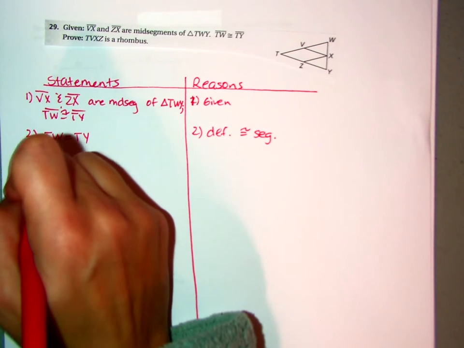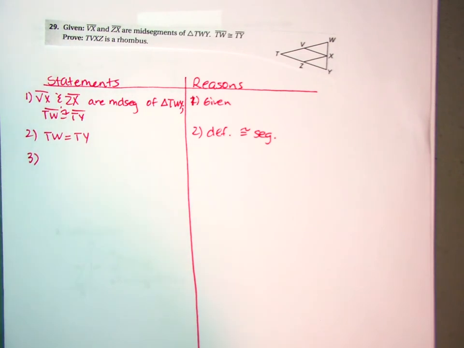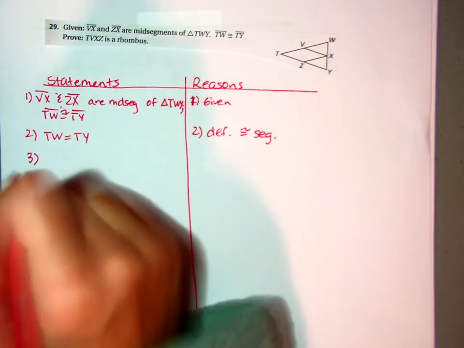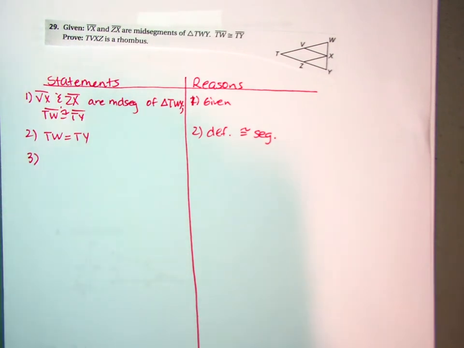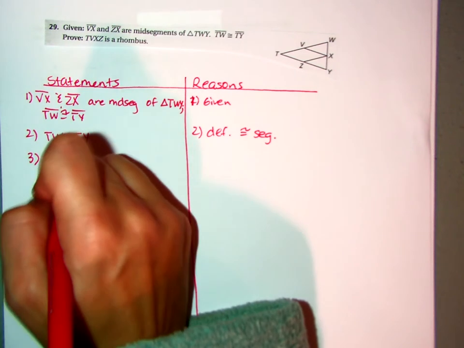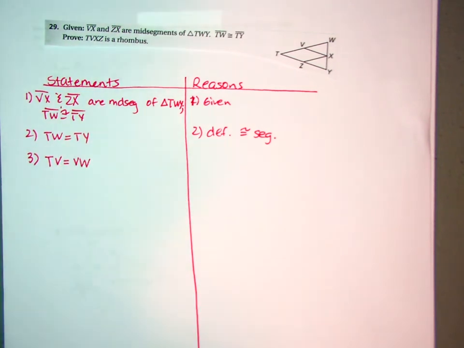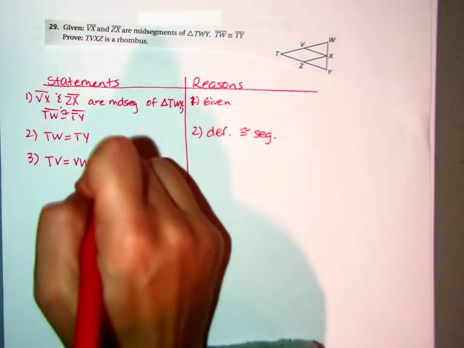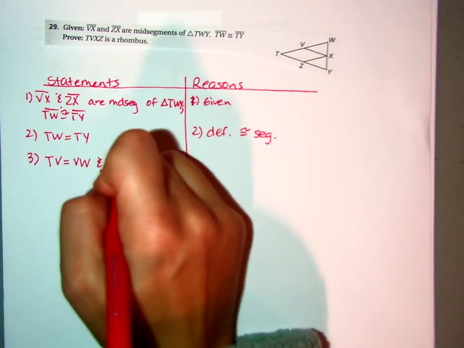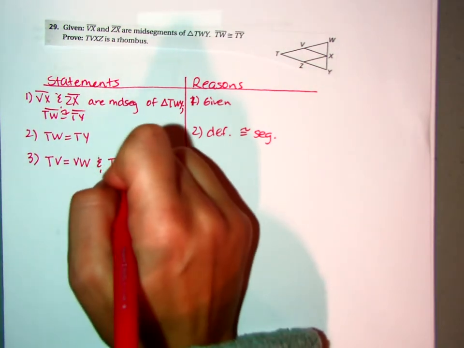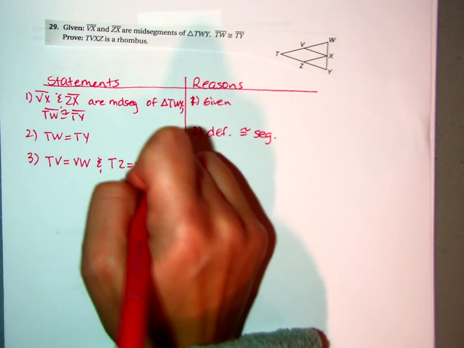So number three, what I want to point out here is that we have TV would be the same length as VW, and TZ would be the same length as ZY.